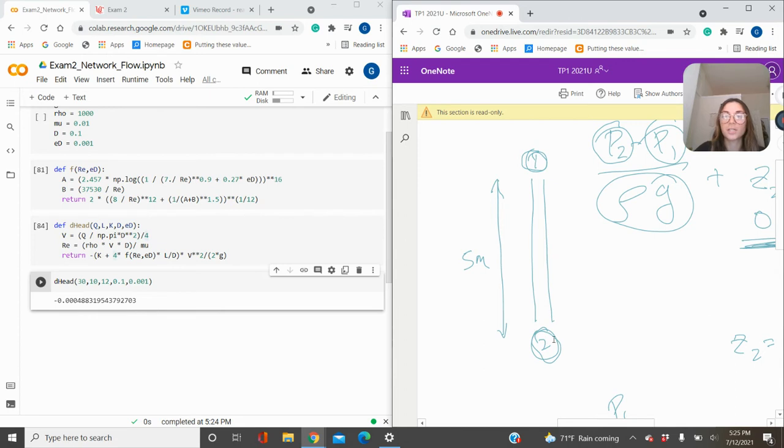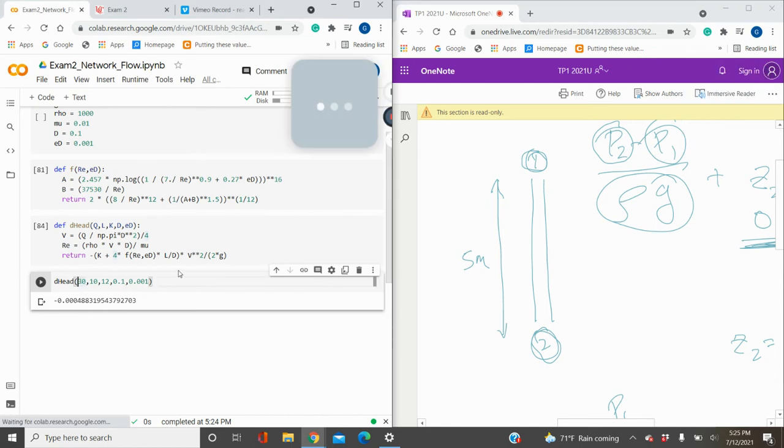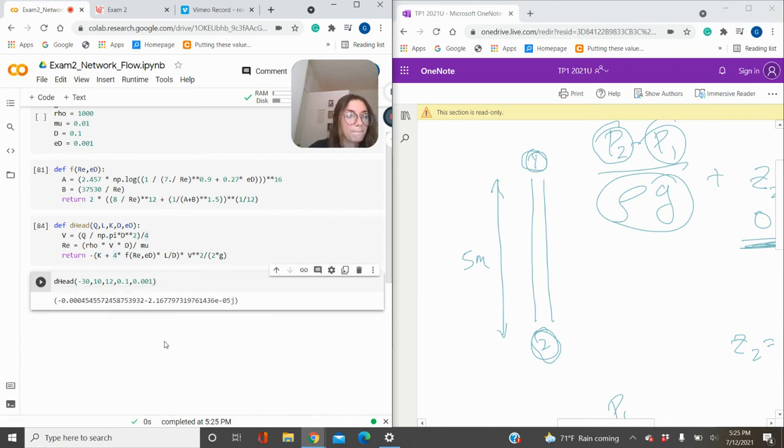But if there's a change in direction going from 2 to 1, that would be negative. So this looks good right here. Let's just throw a negative in here to test the opposite. Okay, so we need to fix this because it's looking correct when it's positive. If we're going in a negative direction from node 1 to node 2, from this pipe, it should be positive, so it should be the opposite every time.